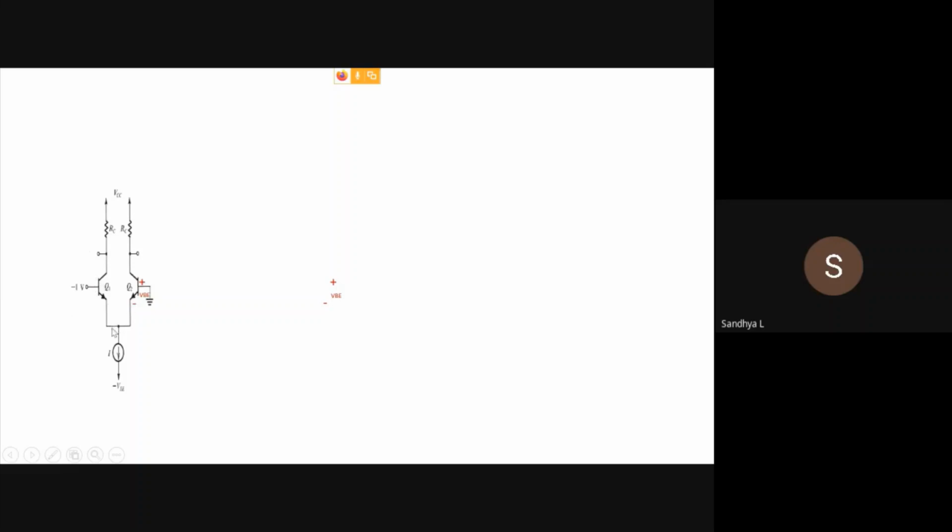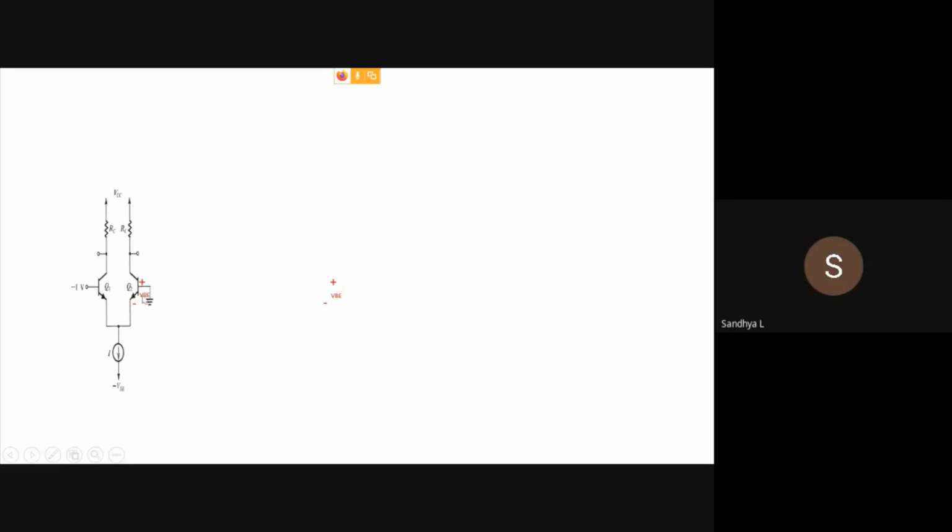So then let's find the emitter voltage of these transistors so as to find the base emitter voltage of Q1. Thereby we can find out whether Q1 is really on or off. So when Q2 is on, base emitter voltage will say that it is 0.7 volt.